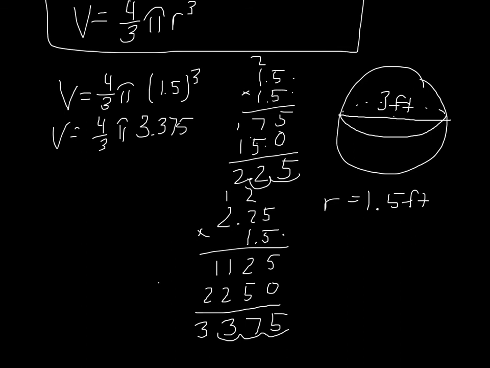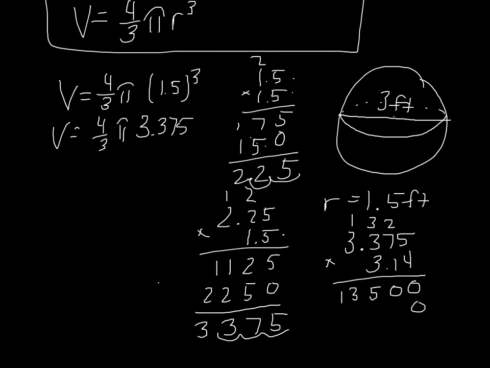Ooh, this one's going to be a fun one, let me tell you what. Okay, so now we have to take, let's do 3 and 375 thousandths times pi. 20, 28, 29, 30. 4 times 3 is 12, plus 3 more is 15. 13, add my 0. Got a 5, a 7, a 3, a 3, add 2 zeros.